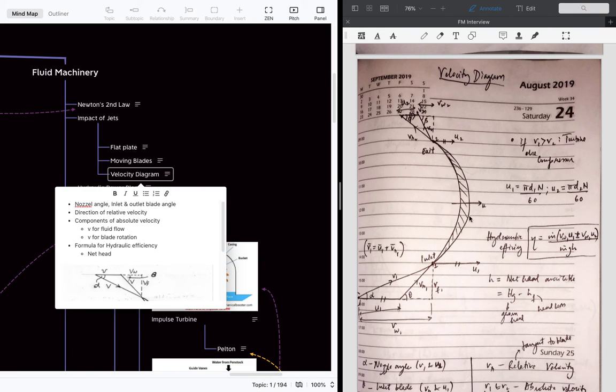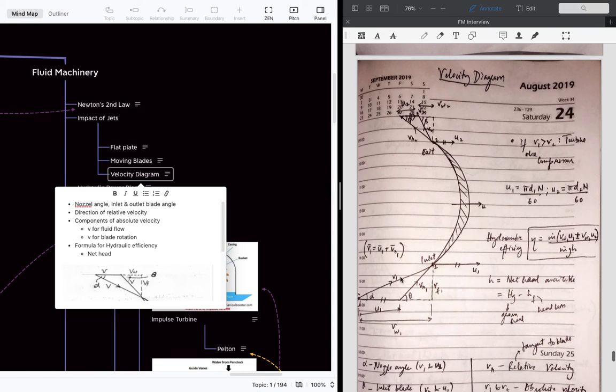So this is the blade. Let's consider this as a blade, and the jet is here. This is the point where the jet enters. This is V1, the absolute velocity. When the jet enters here, this is the attack angle. After entering, the direction of the fluid flow will be along this radial line, which is nothing but the tangent of the plate at entry.